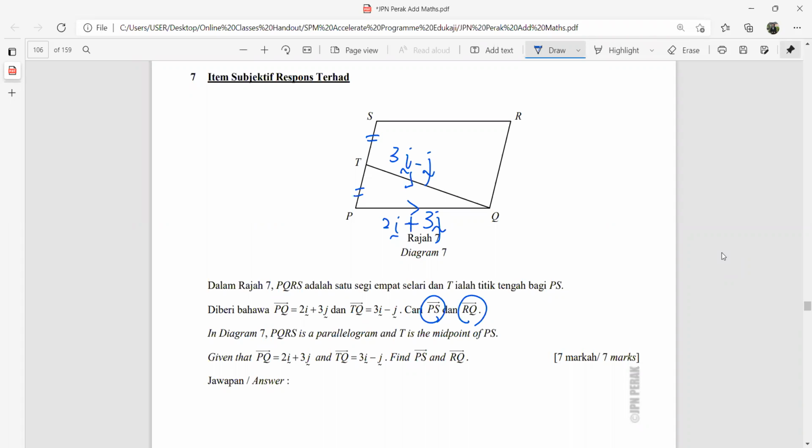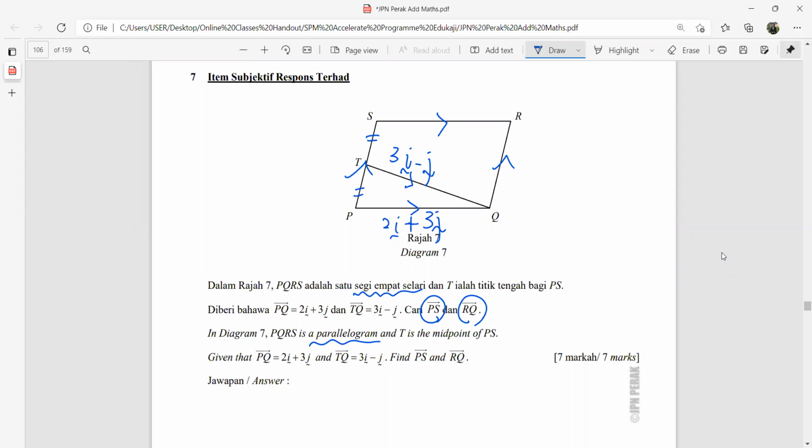So to solve PS, they told you this is a parallelogram. So for the parallelogram, I want to find the vector. You need to know how to link them first of all.